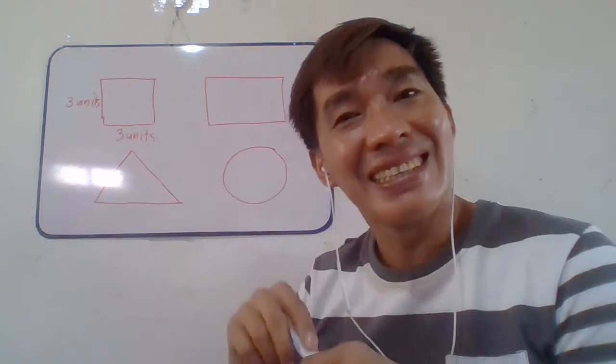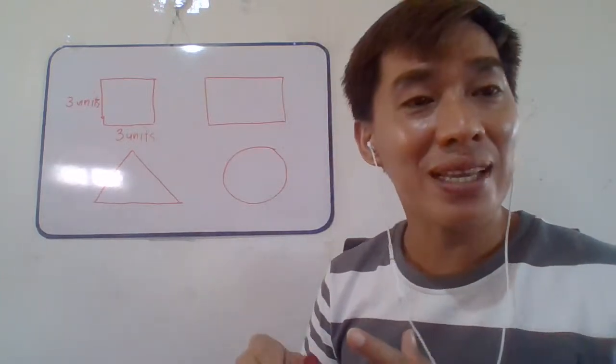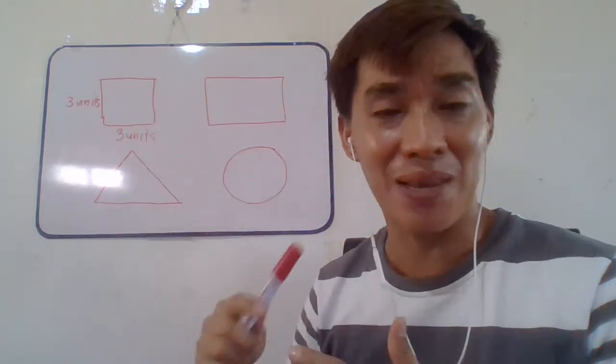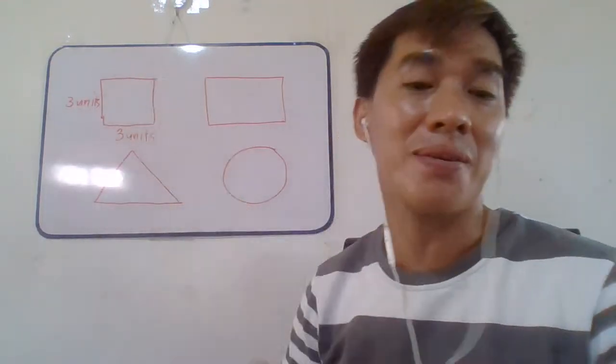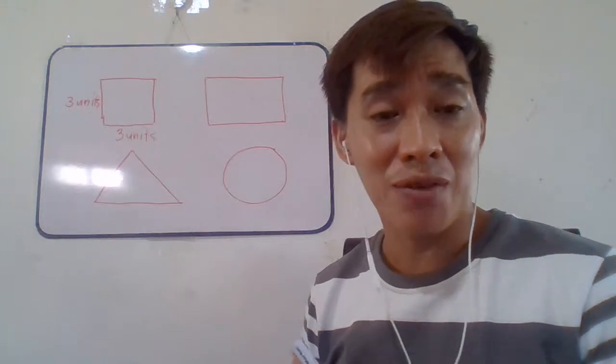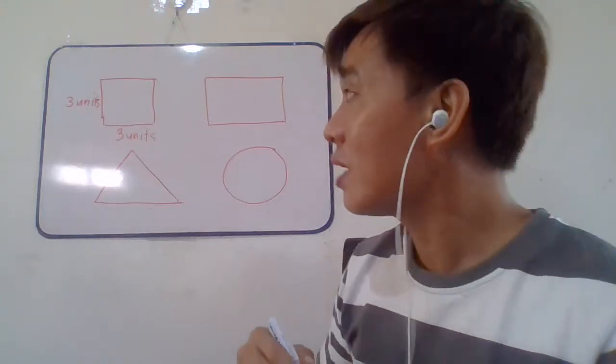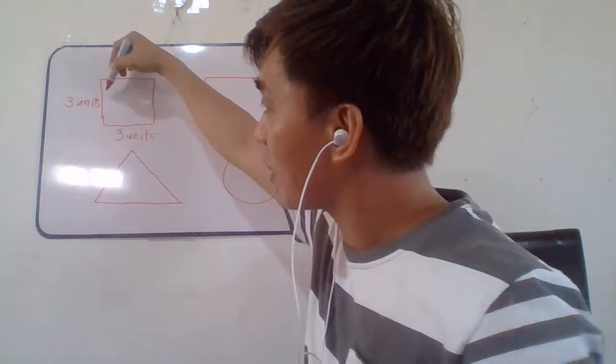In Tagalog, yung sukat ng sides are the same. So if we have 3 here, of course 3 here and 3 here. But when we are talking about the area, we are just counting the number of squares.